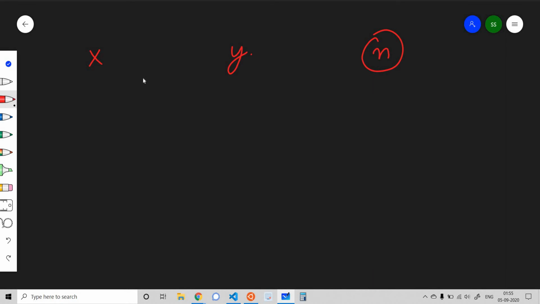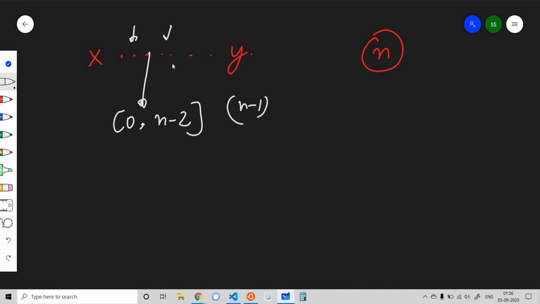We might place a few elements in between x and y, and the number of elements we can place in between ranges from 0 to n minus 2, because if we placed n minus 1 elements in between, then n minus 1 plus 2 turns out to be greater than n, and we cannot have more than n elements in an array. So the maximum we can put is n minus 2 and the minimum is 0. This is the first thing we need to observe.